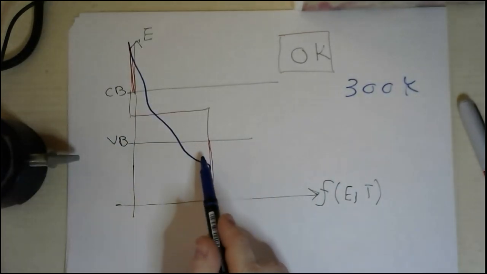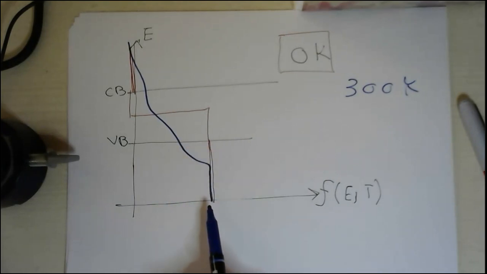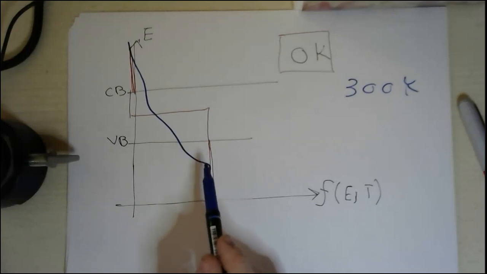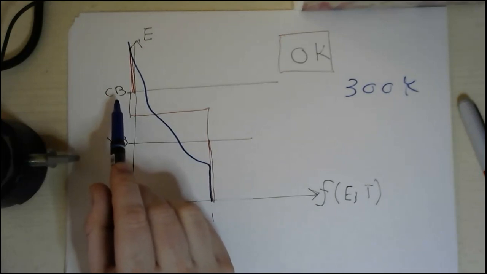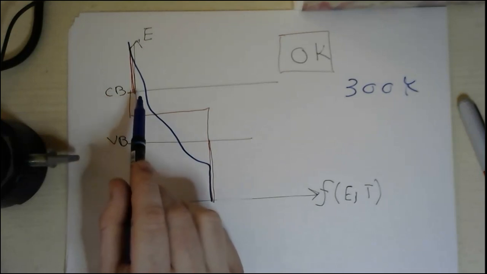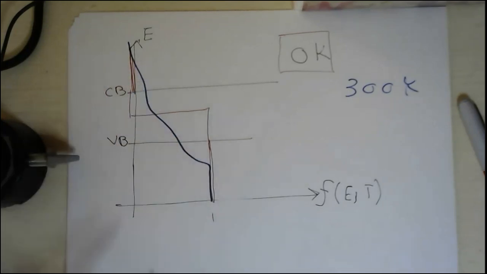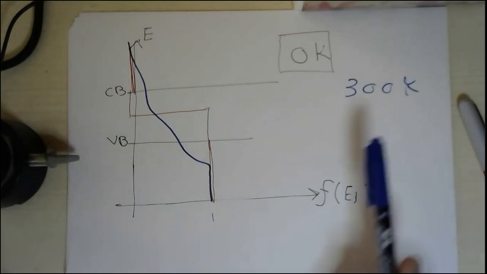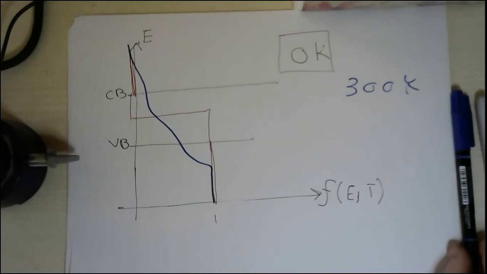Now, the probability to find an electron in the valency band is no longer 1 all the time. It's now, to some extent, smaller than 1. And the probability to find electrons in the conduction band is now slightly greater than 0 because some electrons jump from the valency band to the conduction band. This function, we call the Fermi-Dirac function.